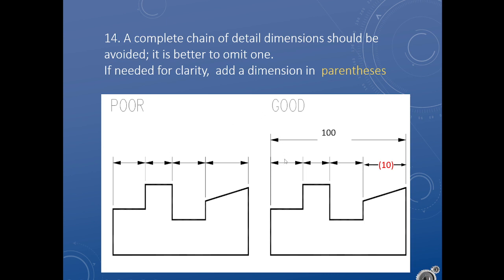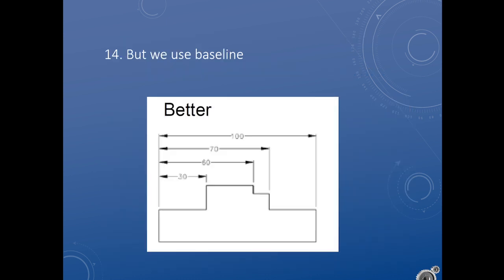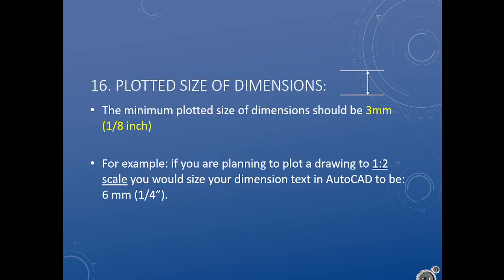I would put the parentheses on the one that matters the least. Because basically being in parentheses means this dimension is a side effect of all of these other dimensions. It's a consequence of that math, rather than it itself being critical. But we dimension in baseline pretty much exclusively in this course, so all of that becomes kind of irrelevant, except the bit about redundant dimensions.